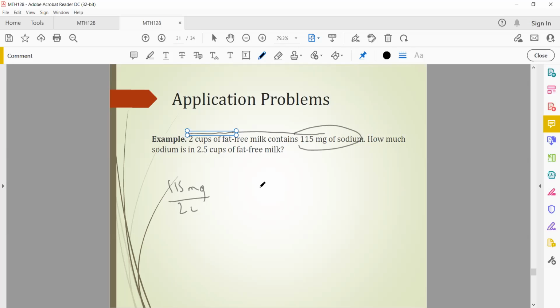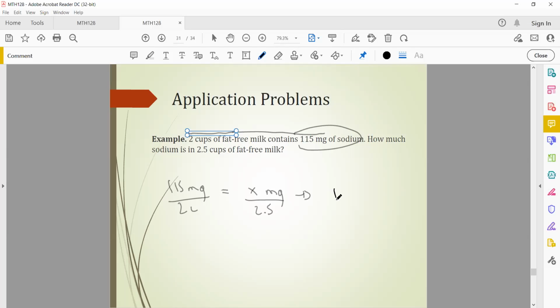Set that up separately on its own before you do the next one. Next one should also have milligrams on top. In this case, it'll just be X milligrams because that's what we're trying to solve. And that corresponds with 2.5 cups. Set them equal, and then you've got a proportion.